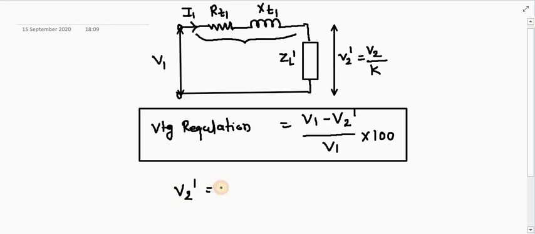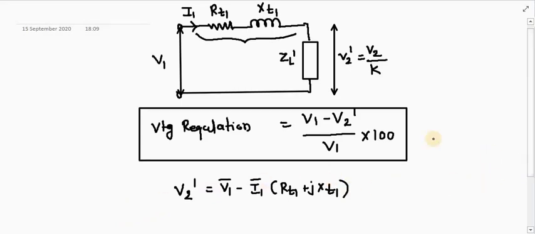My V2 dash will become the vector sum of V1 and the impedance drop. So I have to subtract the impedance drop from V1 to get the terminal voltage V2 dash. Then I subtract V2 dash from V1 and express that with respect to the voltage on no load. Then I will get the regulation.